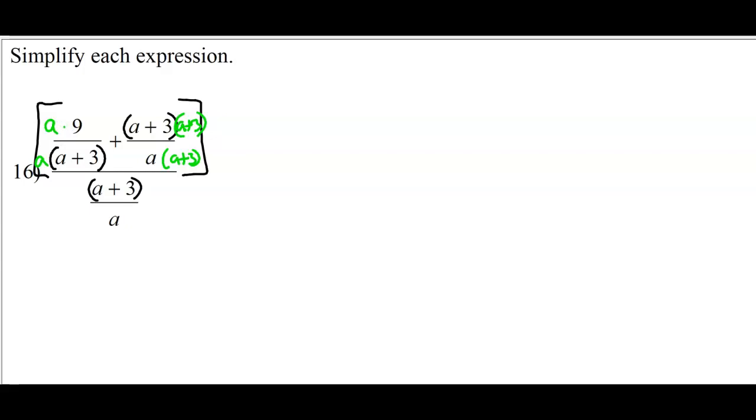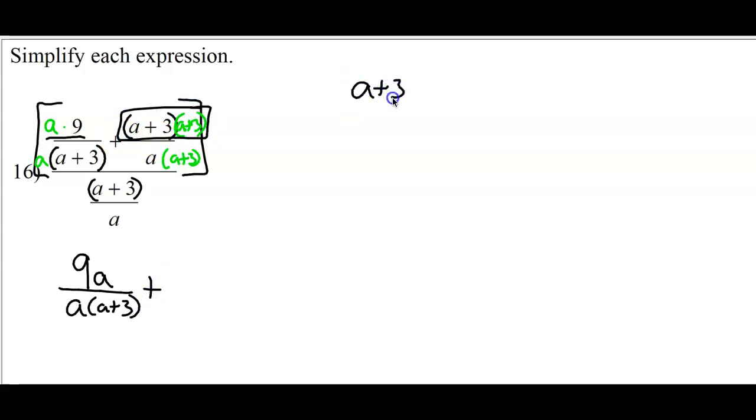So let's see what we have now as a result. 9 times a. It's kind of unfortunate they're using 9 and a because they look so similar. Here, we get to do the box multiplication again. So I'm going to do that over here on the side really quick. I guess we don't really need parentheses when we do the box.